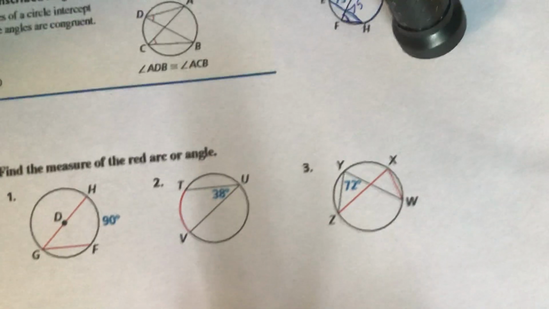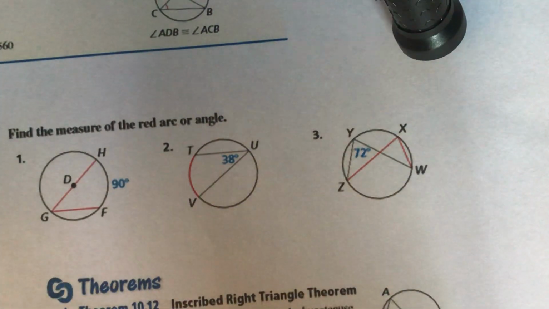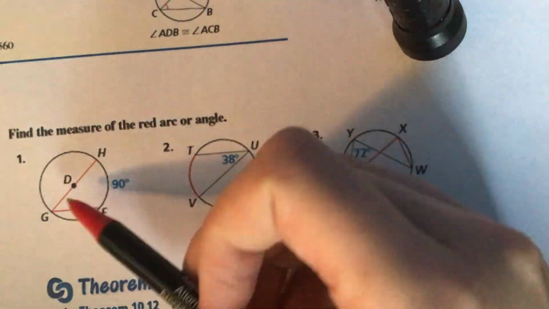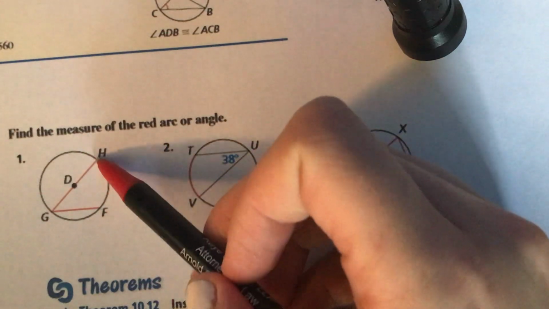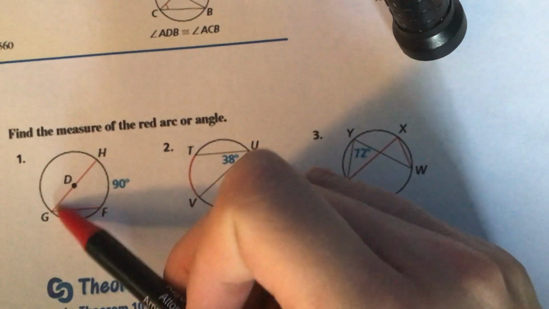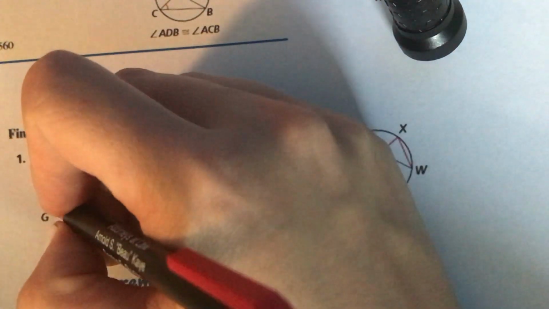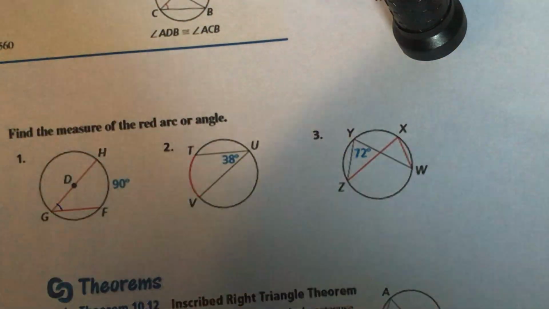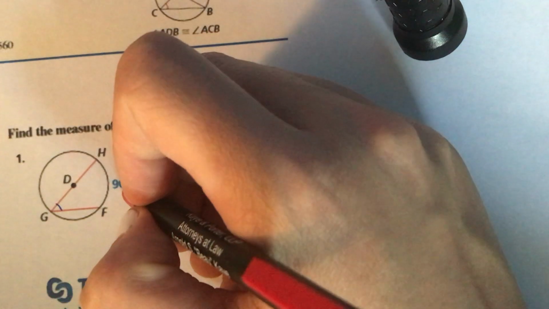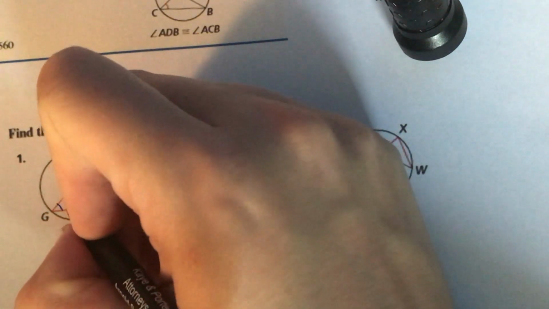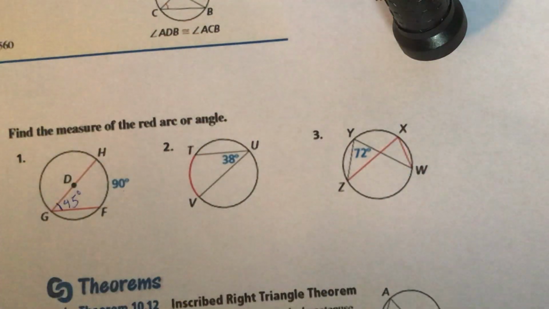All right, so let's go down and review some problems. If we know this arc right here is 90 degrees, since this is an inscribed angle, this angle right here is just 1/2 the measurement of this arc. So 1/2 of 90 is 45, okay?